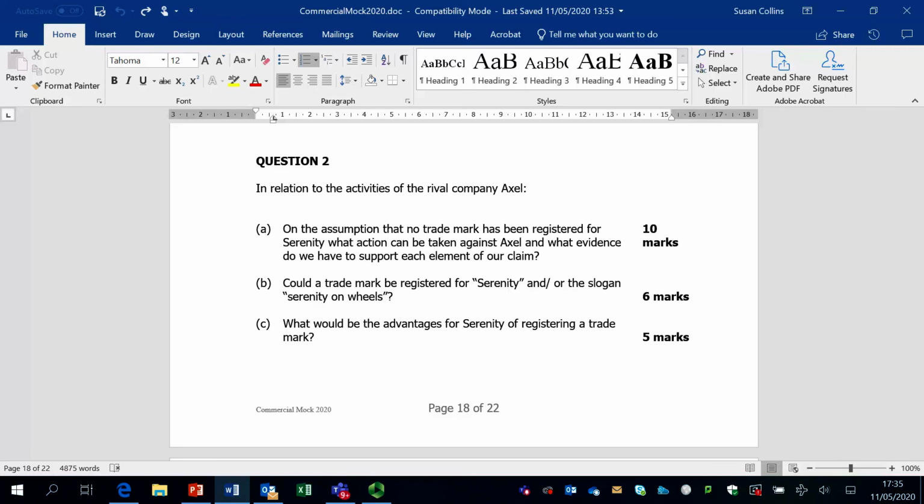The second element is that you need to show misrepresentation, causing confusion. And the confusion, as we discussed before, has to be as to trade origin. So there needs to be some confusion of the public as to trade origin. And of course, you could refer here to the complaints, couldn't you? It talks about the fact that people have complained, the fact that the slogan and name are so similar.